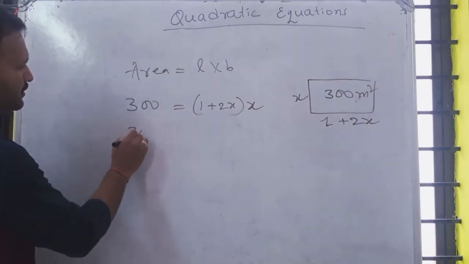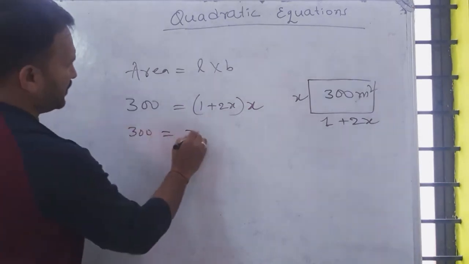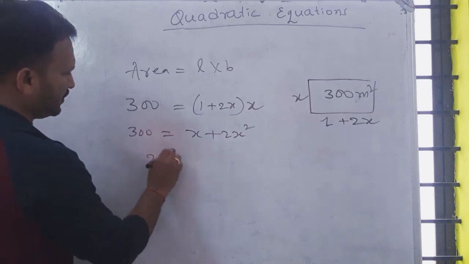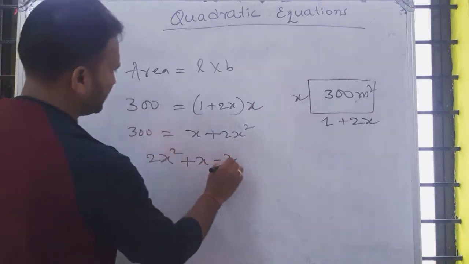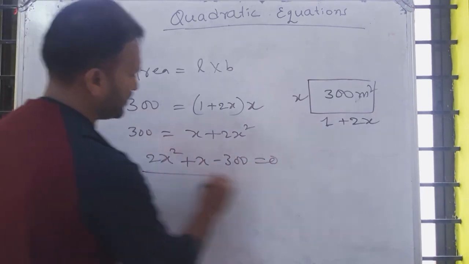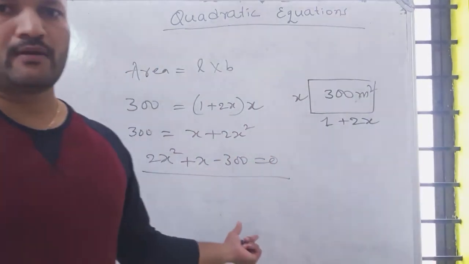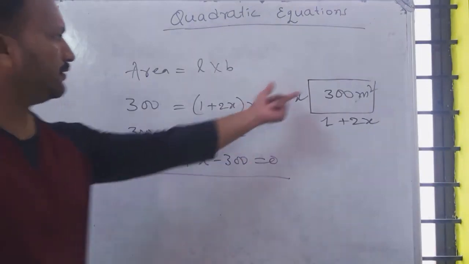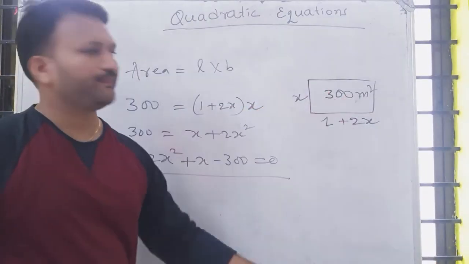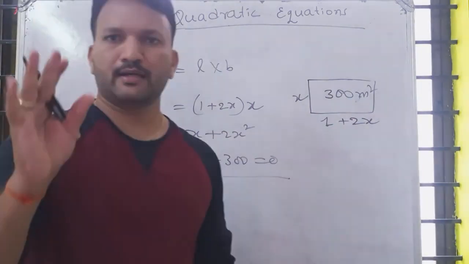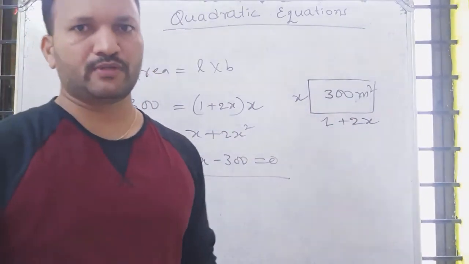So it comes to x plus 2x square, so 2x square plus x minus 300 equal to 0. This is the quadratic form. So we can calculate the breadth and length of this particular area. How can it be calculated? There are as many as 3 ways to calculate.